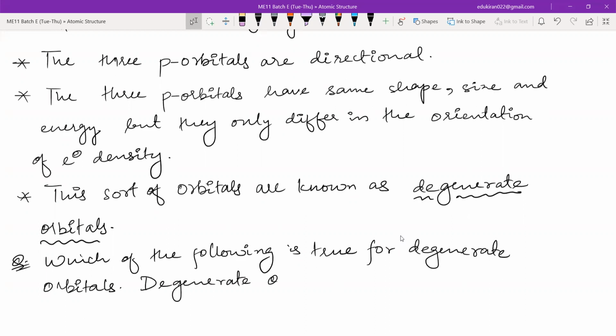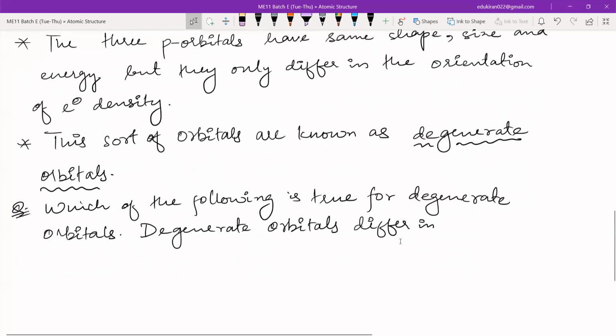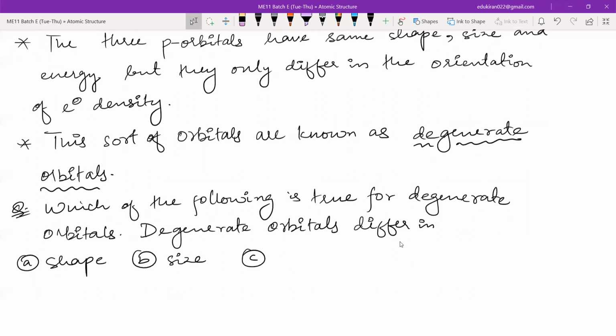Degenerate orbitals differ in shape, size, energy, orientation.